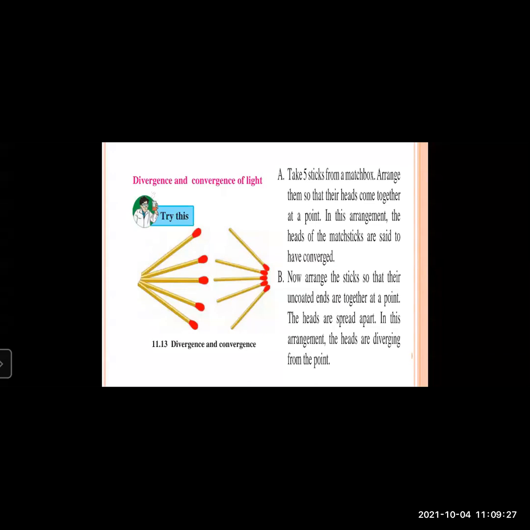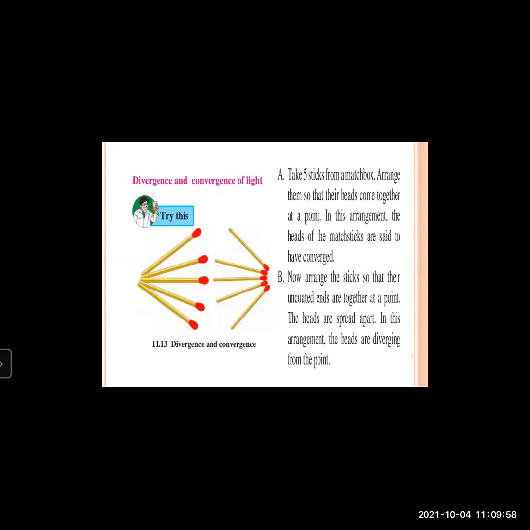What you have to do is take only 5 sticks from the matchbox and arrange them so that their heads come together at a point. In this arrangement, the heads of the matchsticks are said to have converged. Wherever they come together at a point, you say they are converged. Now arrange the sticks so that their uncoated ends are together at a point and the heads are spread apart.